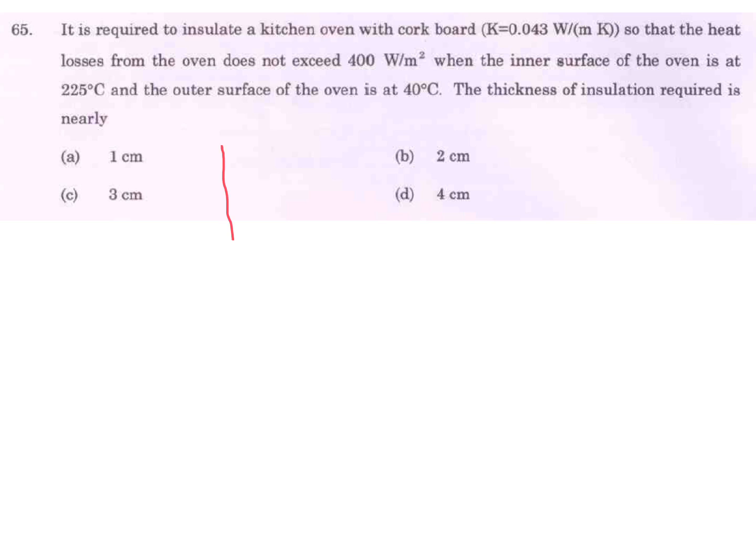It's like this. This thickness, there's L. One side temperature is here, other side is 40 degrees Celsius. K is 0.043 watt per meter Kelvin. Q by A also given 400 watt per meter square. It should not exceed this one.